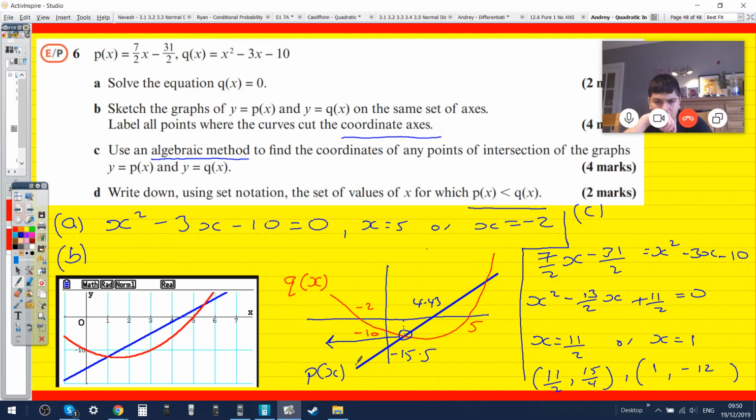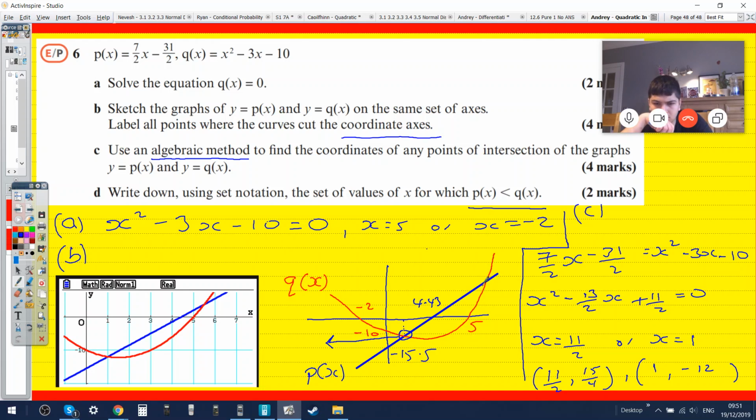So here p of x is less than q of x. Then here p of x is equal to q of x. Here p of x is greater than q of x. Here p of x is equal to q of x.